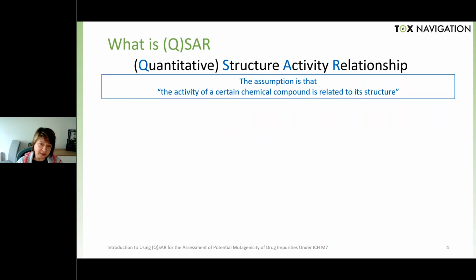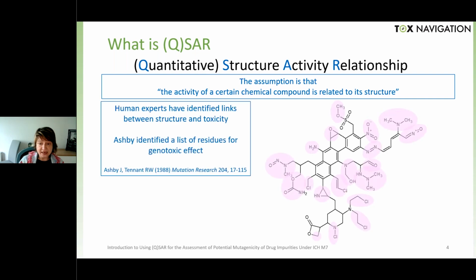The concept that you can build a relationship between a structure and a property of chemicals is not new. And above all, related to mutagenicity, we can trace back to 1988, one of the first publications by Ashby and Tennant, that gives a list of fragments that were known to be related to genotoxicity and mutagenicity.